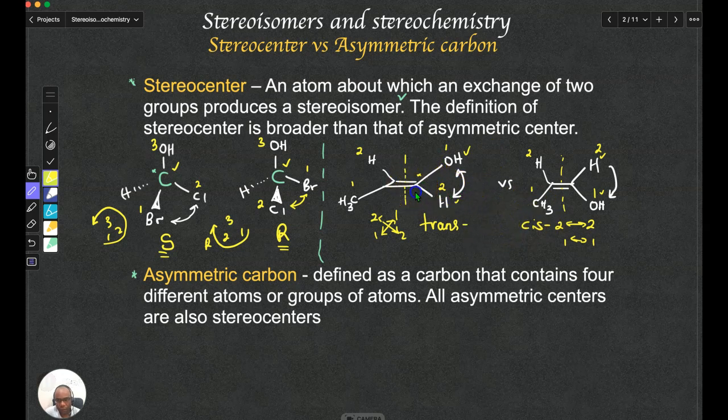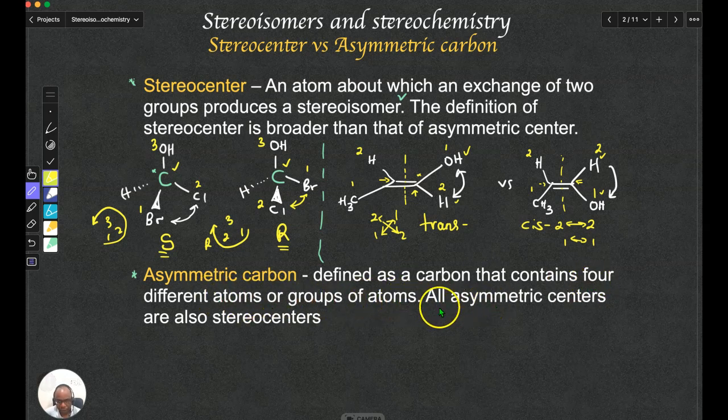So this carbon is a stereocenter. That's a stereocenter. This is a stereocenter. So it's these two other carbons. Asymmetric carbons are those that contain 4 different atoms or groups of atoms. And all asymmetric centers are also stereocenters. Asymmetric carbon is defined as a carbon that contains 4 different atoms or groups of atoms.